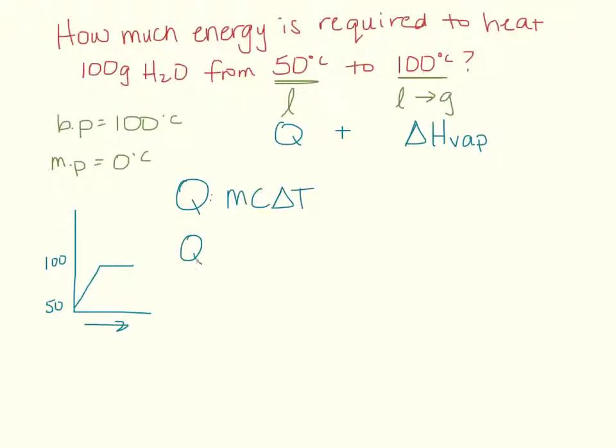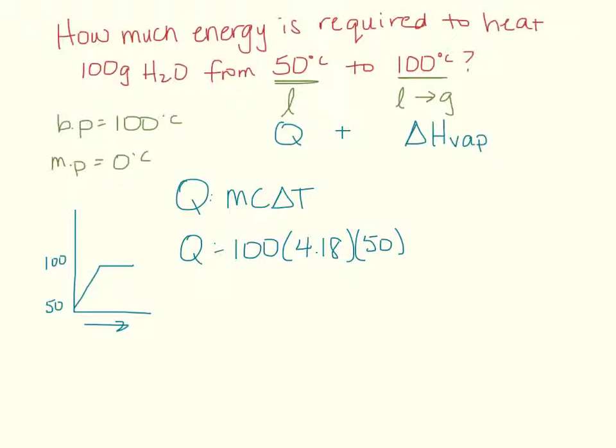So Q is going to equal the mass of my water, which is 100 grams, times the specific heat of my water, which is going to be given to you, which is 4.18 joules per gram per degree Celsius, times my change in temperature, which is final minus initial. So 100 minus 50, which is 50.